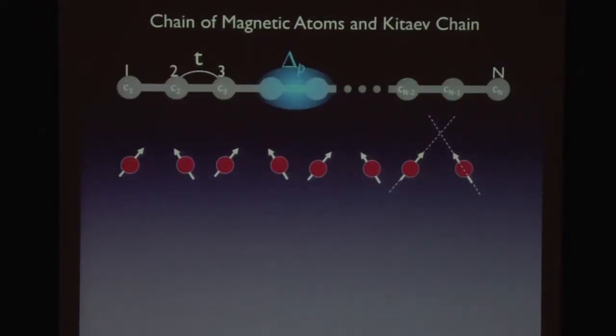And the moment we started thinking about the chain, we realized there is a way in which you can get spinless pairing. So let's think about a chain of magnetic atoms, but not oriented all the same way; rather, have a canted angle between these magnetic sites. And I put these on top of a superconductor. The superconductor has electrons that are paired up in spin up and spin down.